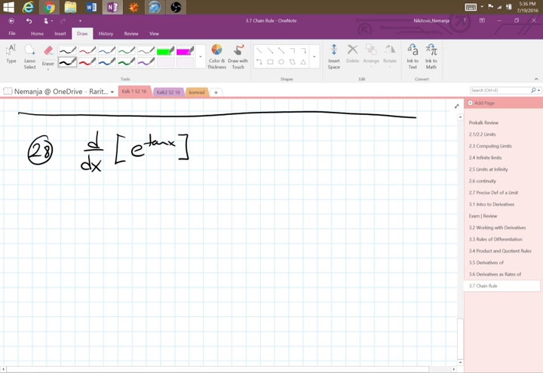So f of x is e to the x, and g of x, the one that is plugged in, is tangent x. It's this tangent x that replaces the x to become e to the tangent x. Once I have all of that, the derivative of e to the x is e to the x, which means it remains the same, e to the tangent x, and then times the derivative of tangent, which is secant squared x.